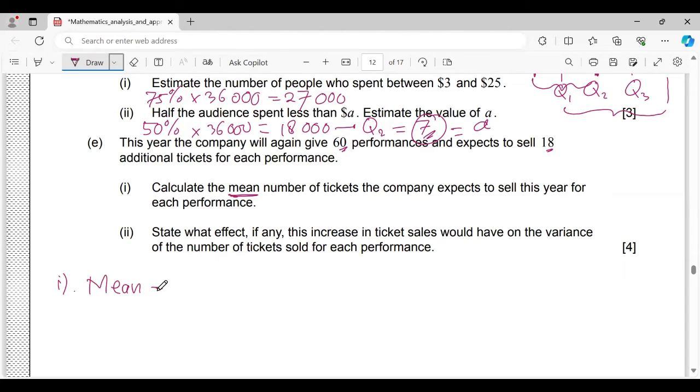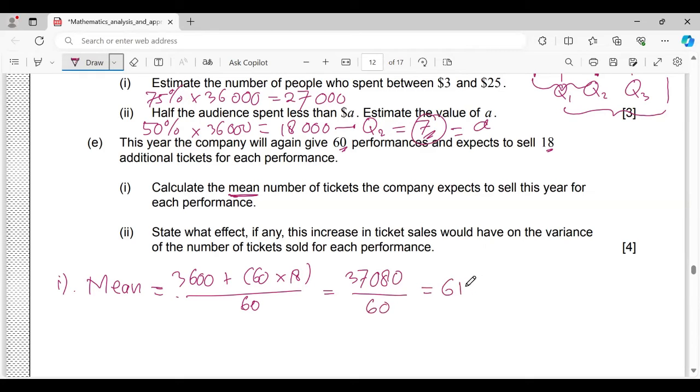Mean equals 3,600 plus 60 times 18, over 60. It becomes 3,780 over 60, which is 63.